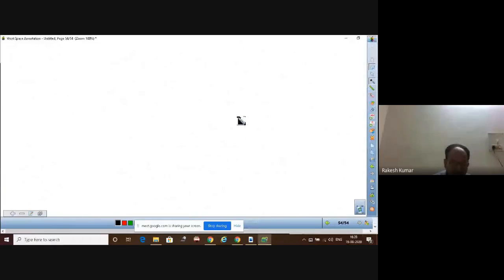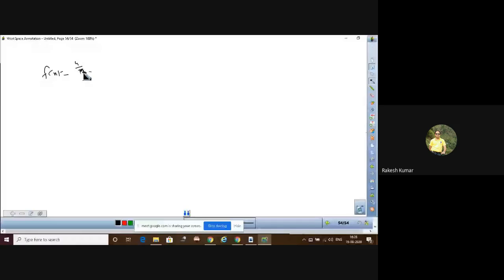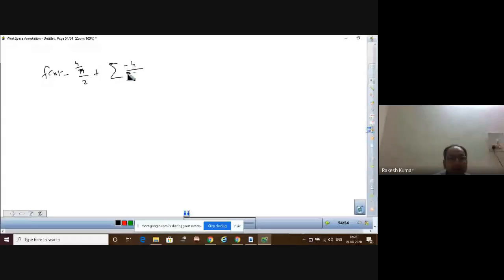The Fourier series will become f of x is equal to 4 over pi upon 2 plus summation, An is minus 4 over pi n square minus 1 into cos of n pi x over L. And remember, An exists only for n is even.